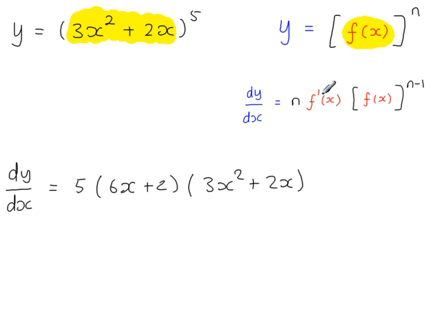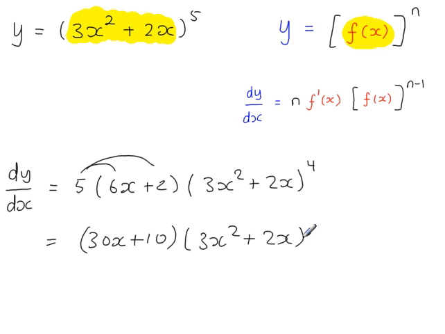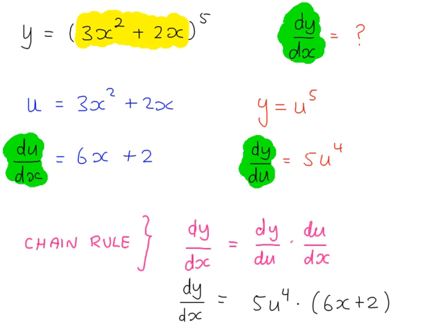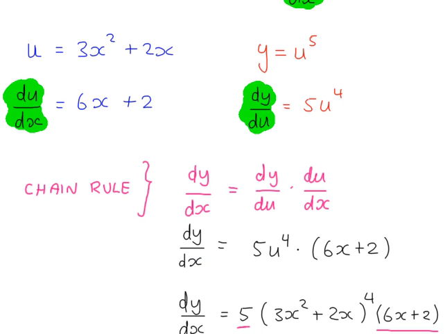That was f dash, this is just f of x, to the power of n minus 1, n is 5, so n minus 1 is 4. And then just multiplying here. Remember to put brackets around this, and then we have this. And as you can see, this is quicker and easier than doing all of this.